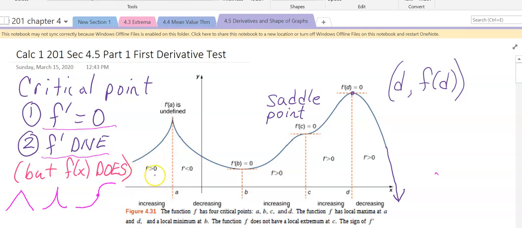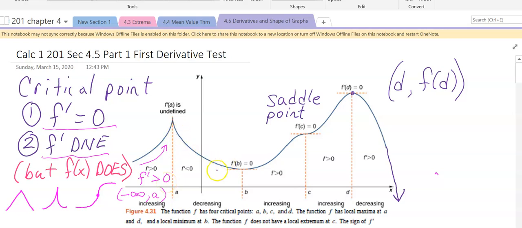Let's look at the first interval on the far left. This is the interval from negative infinity to the first critical point at A. We can see that over this region, the graph is generally going uphill. Because it is uphill, that means it is increasing, and the first derivative will be positive.